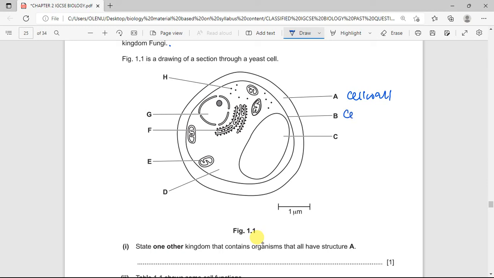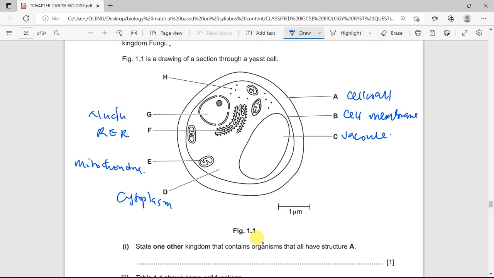this is the cell membrane, vacuole, cytoplasm, mitochondria, area, rough endoplasmic reticulum, nucleus, ribosomes.